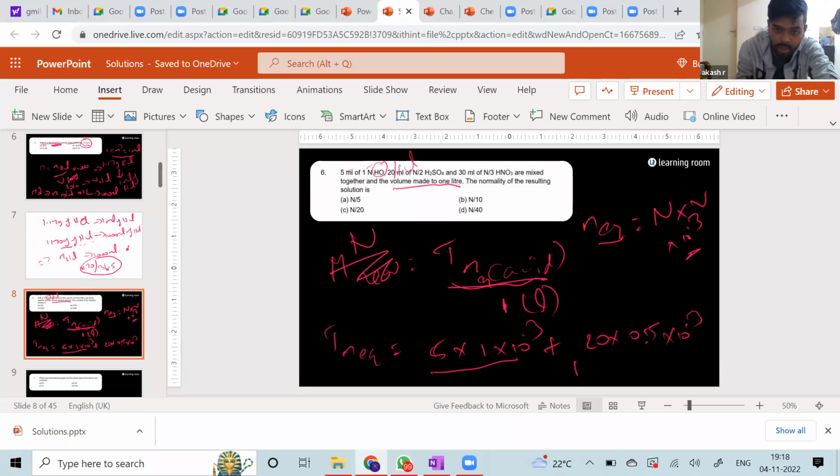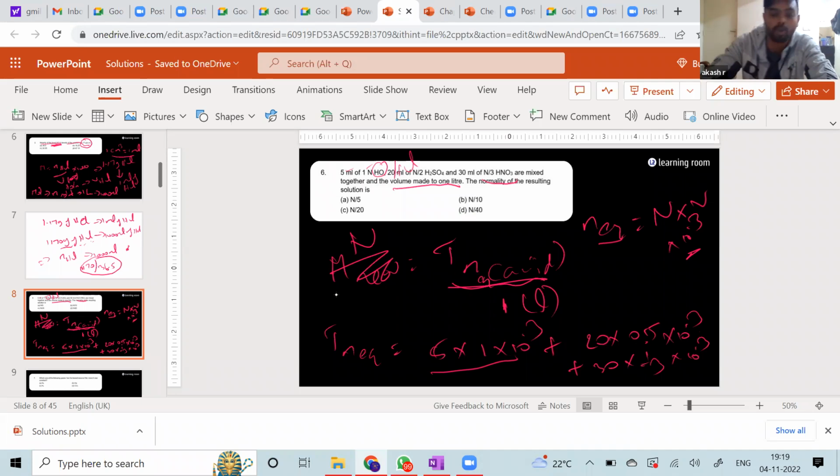This is for H2SO4. Plus N by 3 HNO3, that is nothing but 1 by 3, with 30 ml: 30 into 1 by 3 into 10 to the power minus 3. Now you multiply these terms first, then add all of them, divided by 1. That is your normality. Easily you can do this.